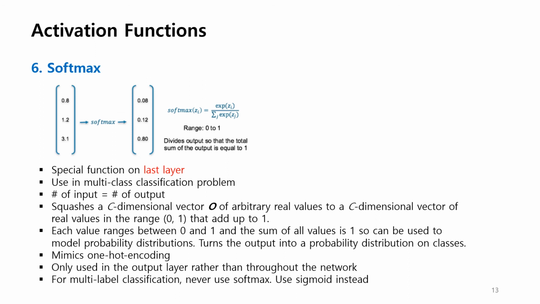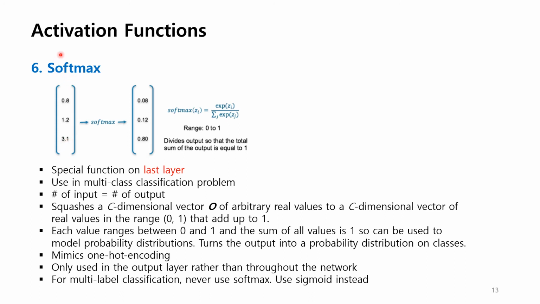Softmax is another activation function, and this one here shows the functionality of softmax. So this part here is the output of the deep learning network. So it had three outputs, 0.8, 1.2, 3.1.